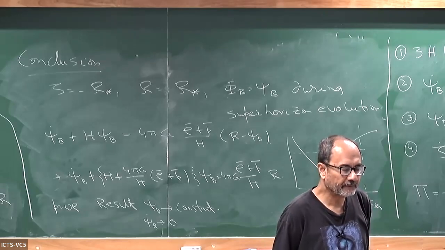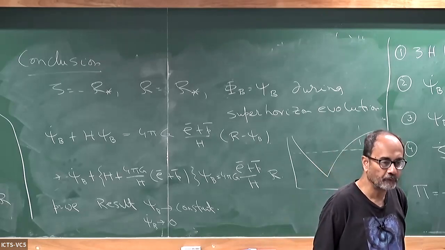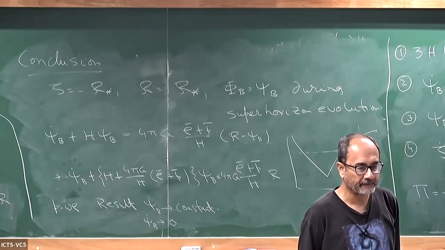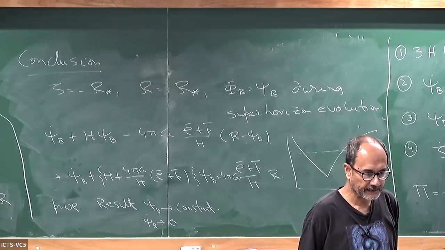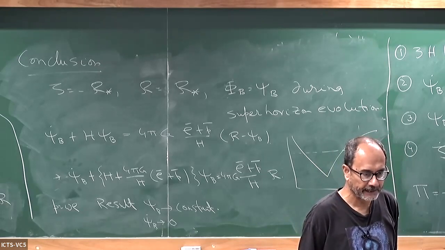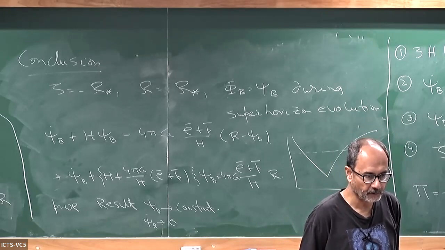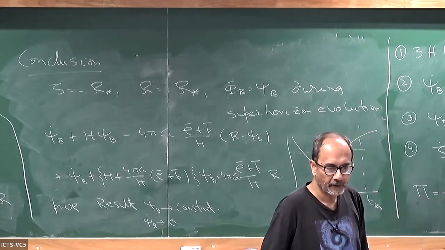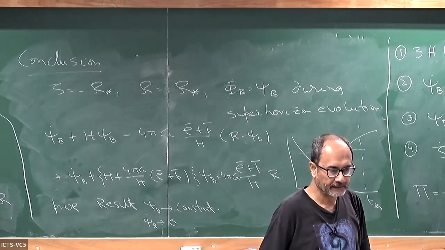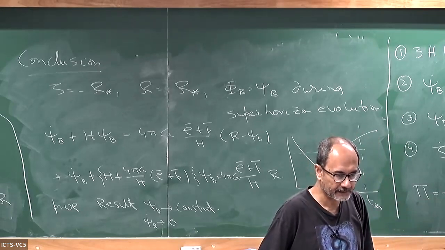For example, if the inflaton consists of two fields instead of one, two light fields, say, each of them will fluctuate in general, and then you have to study what happens in that case, taking into account the effect of mixing and so on. This is the simplest case where we assume there is only one scalar mode and use that to study this.